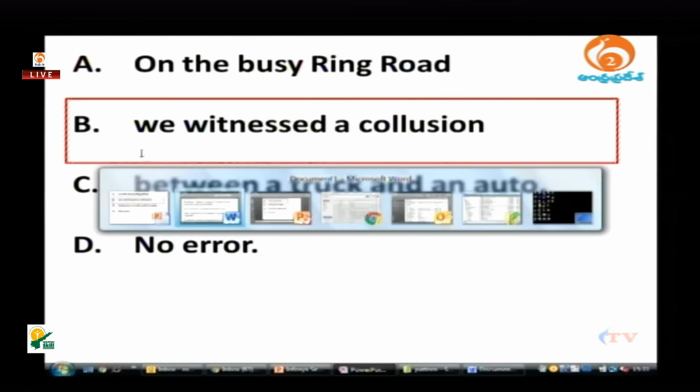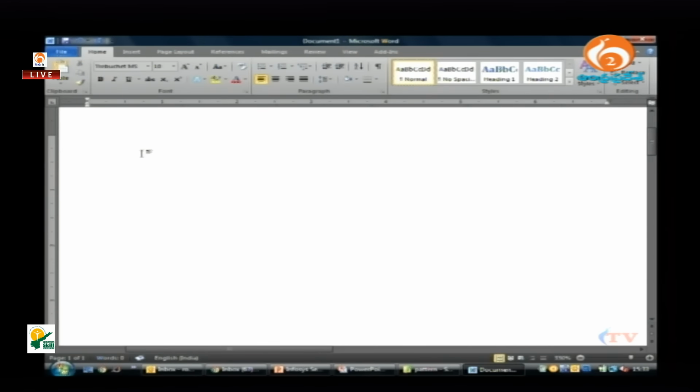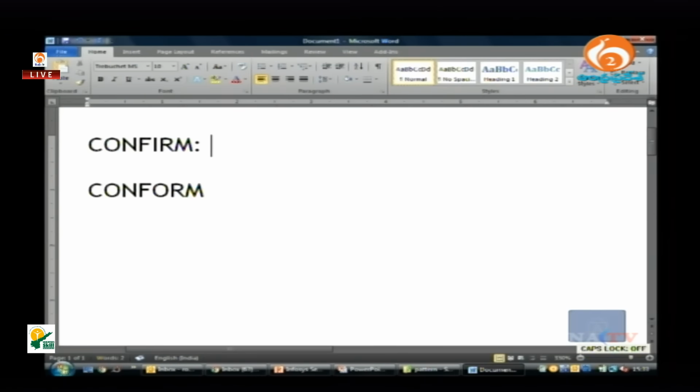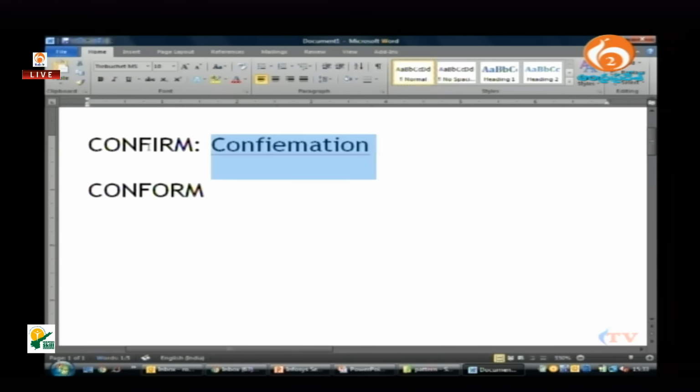It's exactly like there are two words which people always make a mistake with, confirm and conform. Both are pronounced almost the same. First one has something to do with confirmation. Confirmation is a noun, confirm is a verb.